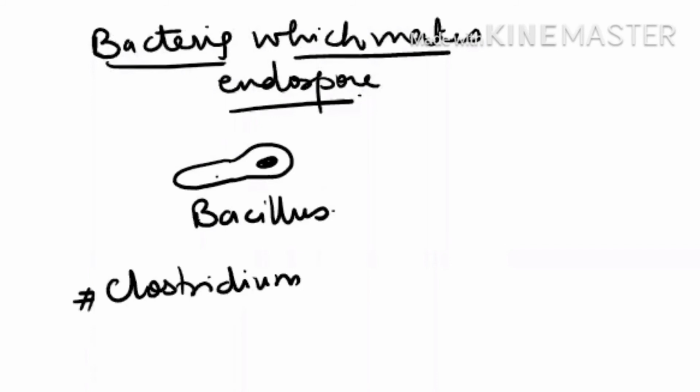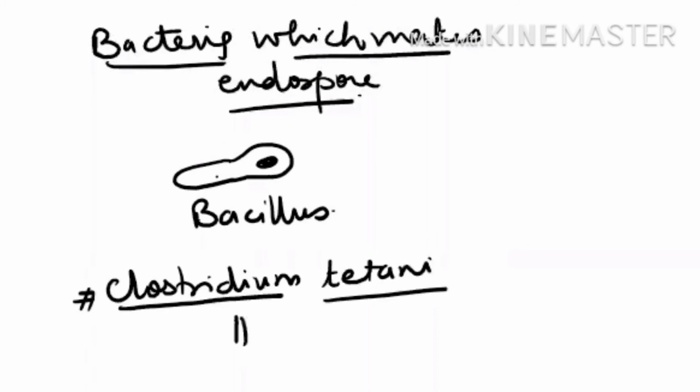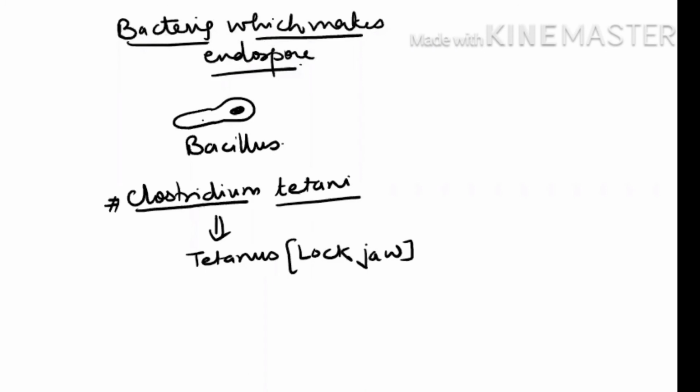The reason is, one disease is caused by Clostridium tetani, which is known as tetanus, also known as lockjaw disease. So once you get an infection from a very deep cut, we rush to the doctor for the tetanus injection.